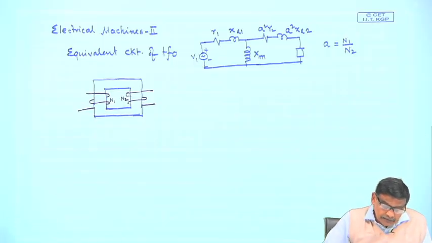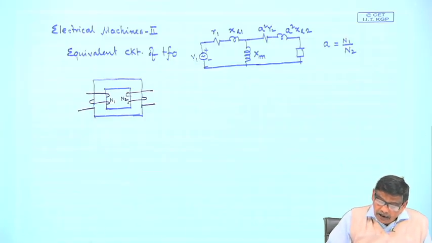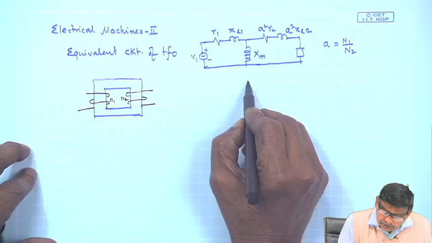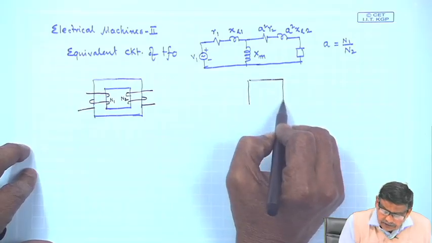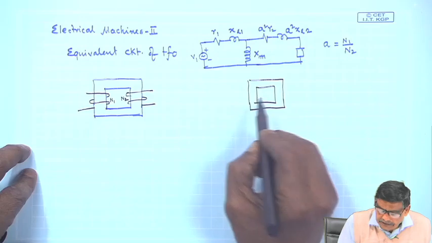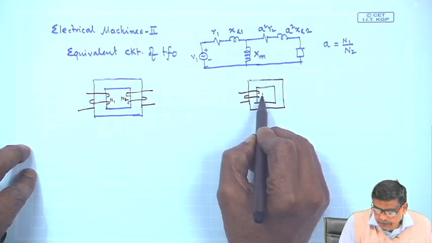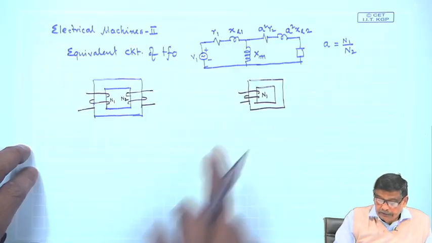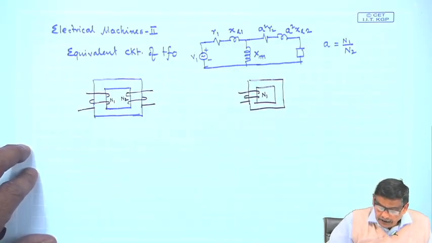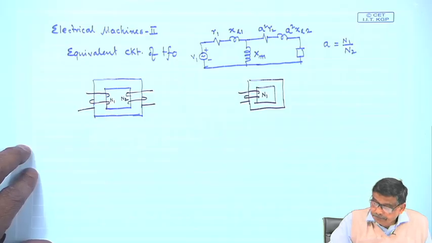Now, a coil has also a self inductance, and how to find it out? Suppose you concentrate on one coil. This part I will do rather quickly. Suppose this is a coil and I want to find out its inductance.